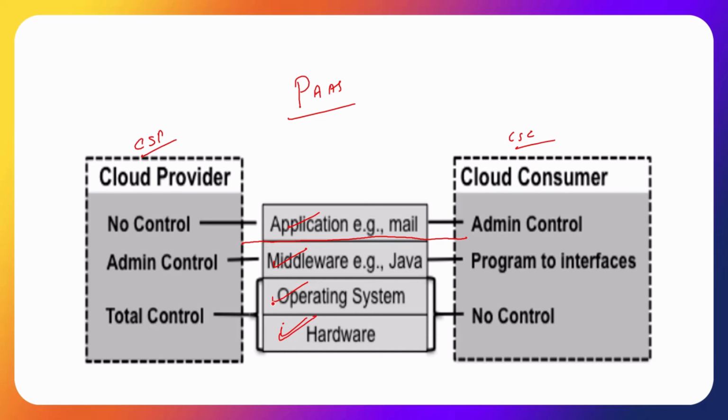The underlying hardware, operating system, and middleware are managed by the provider. Middleware means the platform, for example Python or .NET, which exposes APIs and libraries. On top of that platform, as a customer, I am just developing and deploying my application. That application interacts with the platform using API calls, libraries, and everything. Up to this point it is the provider's responsibility. From here, it is the customer's responsibility. The overall security of the application and everything will be taken care of by the customer in platform as a service.